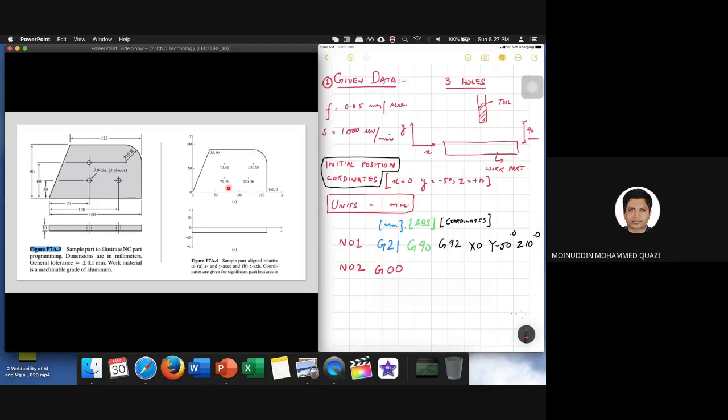So you can just write X and Y only, because X and Y are changing only. So X is 70, Y 30. G00 means point to point movement.